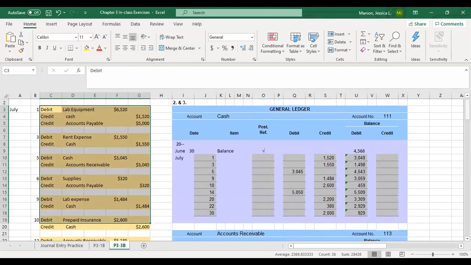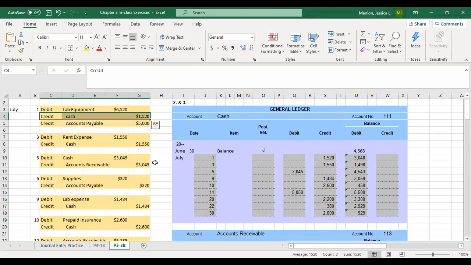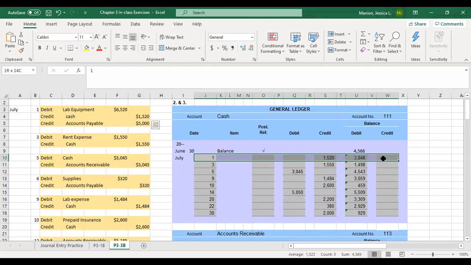For example, here's the credit to cash for $1,520, which brought our balance down to $3,048. So we're posting the transactions, updating the balances. That's step 3 of the accounting cycle.